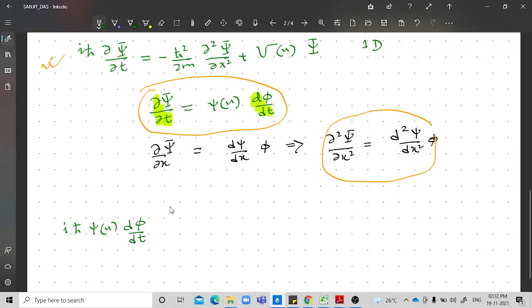I am not writing phi as a function of t, because I don't have much place to write, it will be a lengthy equation. Dou 2 psi by dou x2 will be d2 psi by dx2 into phi of t, plus V of x. Capital psi is nothing but small psi into small phi.